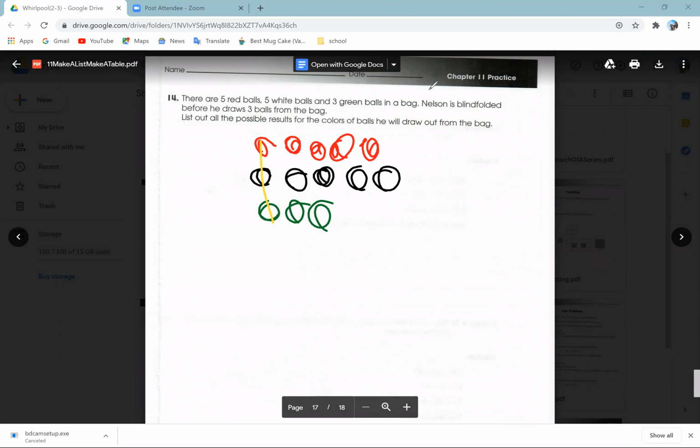Okay. I'm going to use my yellow. 1, 2, 3, 4, 5, 6, 7, pick a new color.